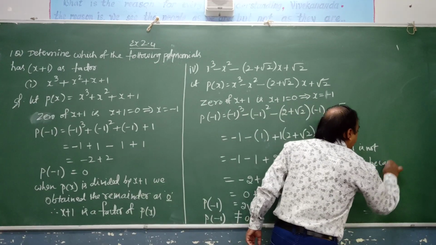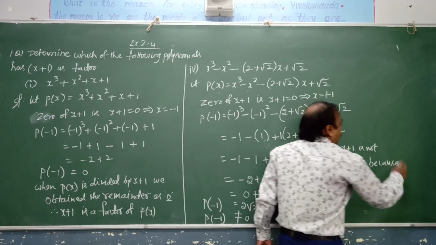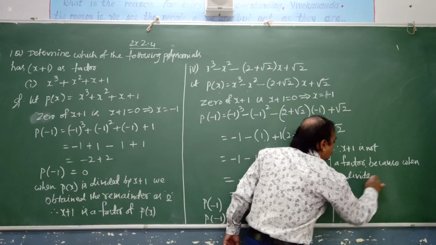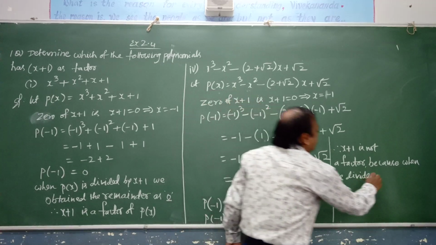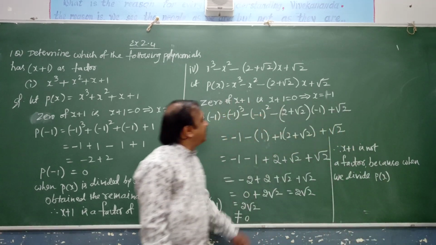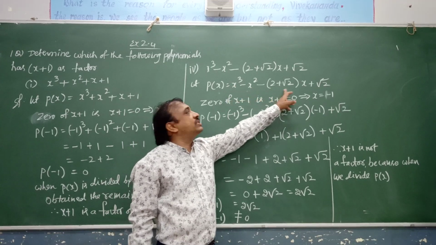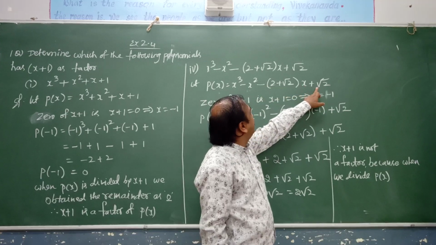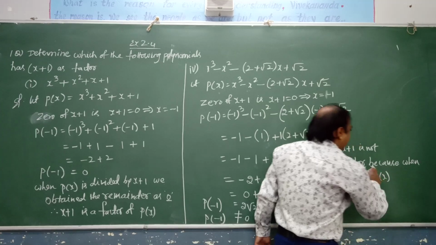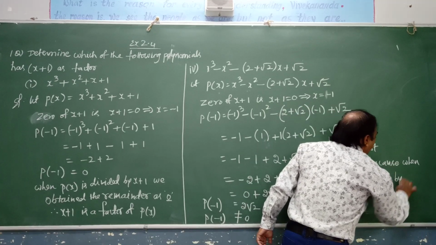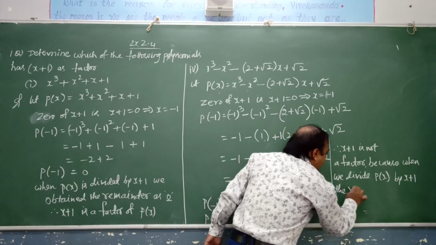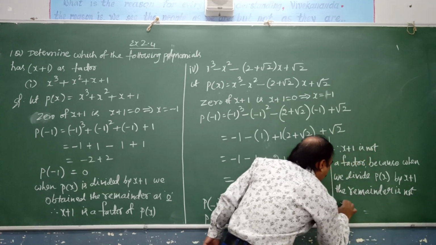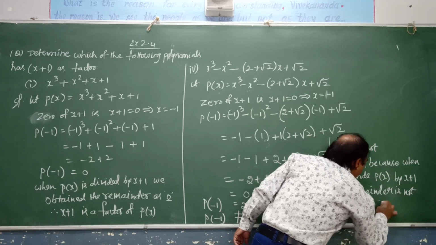Why? Because when we divide P of x, which is x cube minus x square minus (2 plus root 2) into x plus root 2, by x plus 1, the remainder is not equal to 0.